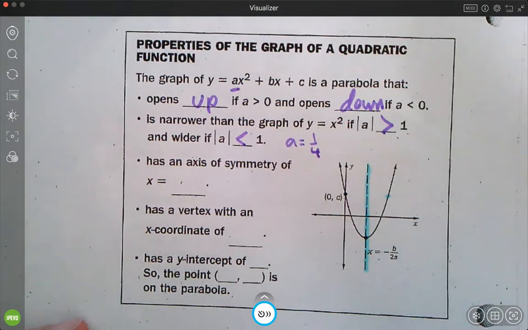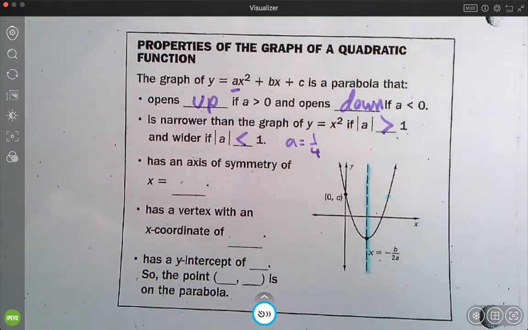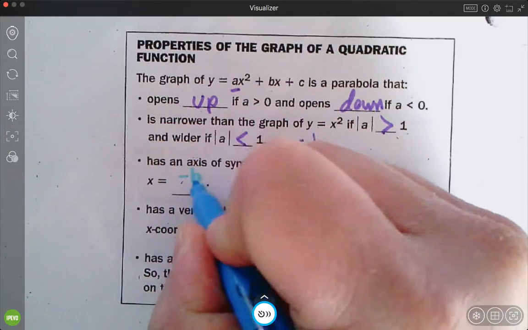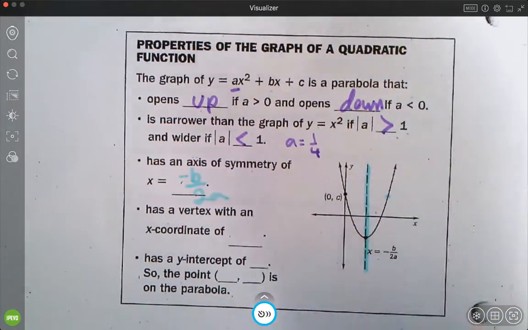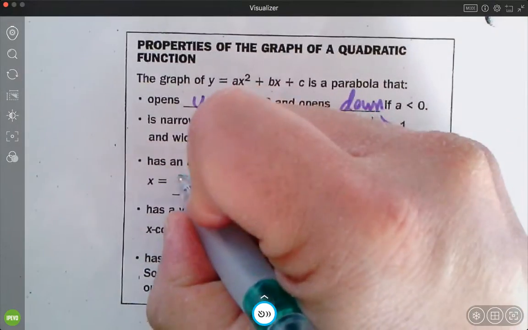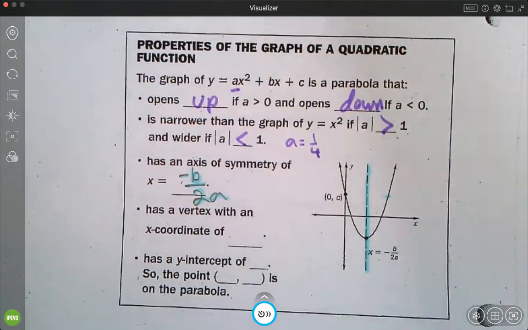So it not only cuts the parabola in half, but cuts your work in half as well. So if anyone remembers it, maybe you do, maybe you don't, but the formula is negative b divided by 2a. So negative b divided by 2a is the formula for the line of symmetry of the parabola.